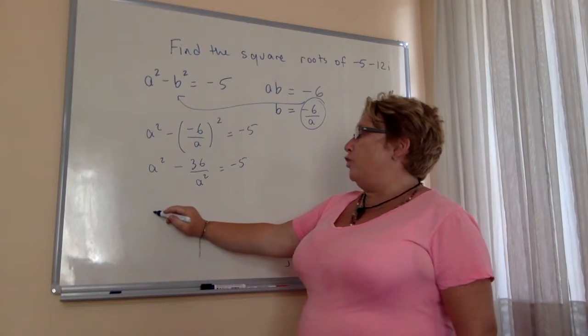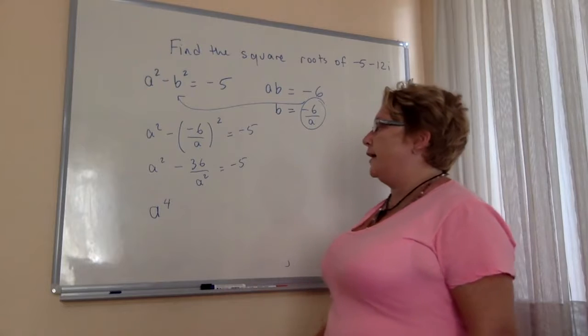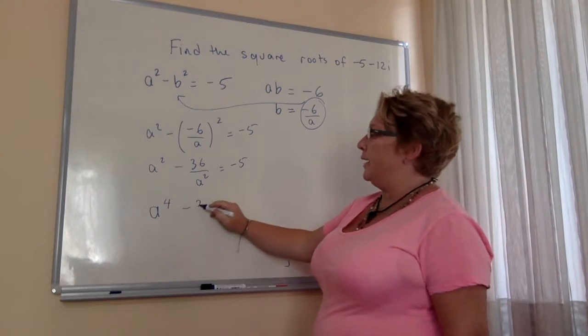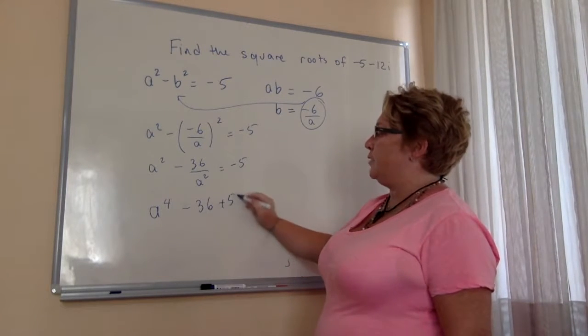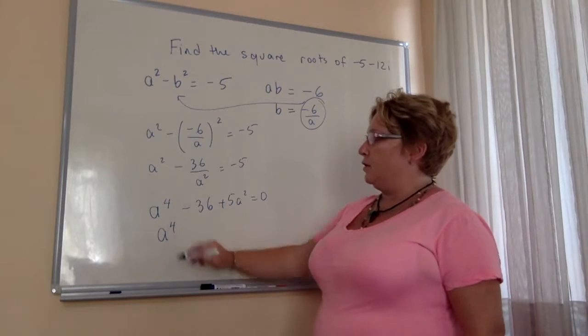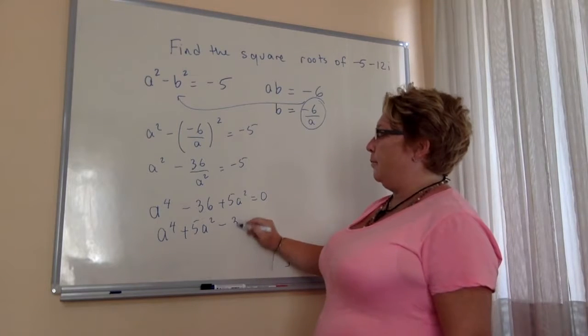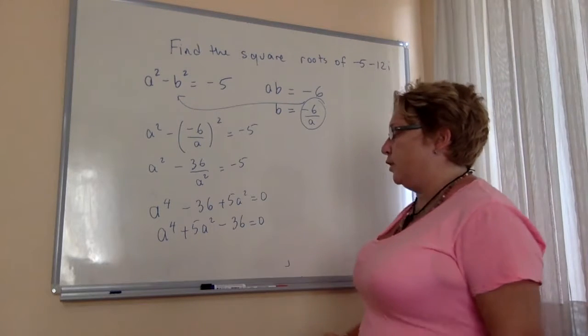If I multiply through by a squared and transfer everything to one side, I'll get a to the fourth minus 36 plus 5a squared equal to 0. Let me rearrange that. So I'll have a to the fourth plus 5a squared minus 36 equal to 0.